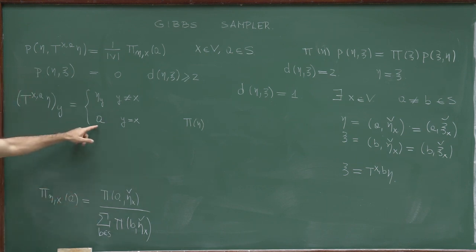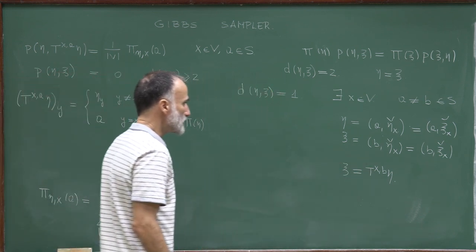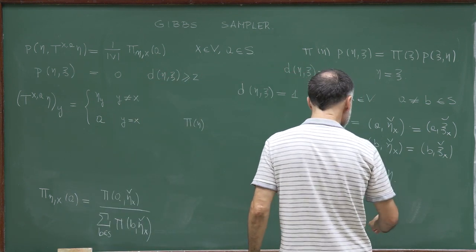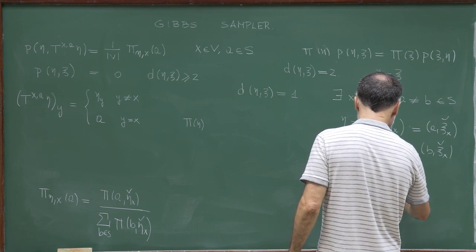And at site x, xi is equal to B. So xi is this configuration, and similarly, eta is equal to T x A of xi.